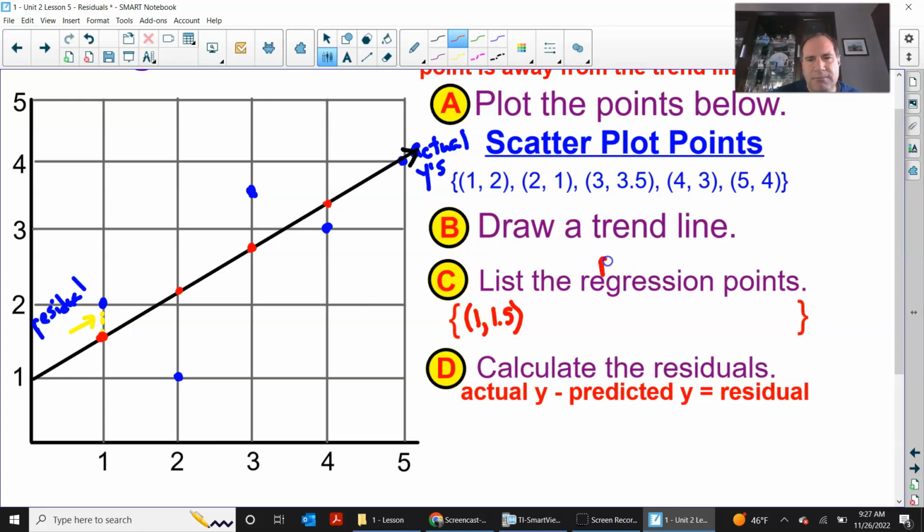These are predicted points. And then we are going to go to 2, and we're going to see 2, maybe 2.1. And then we have 3, about 2.8.